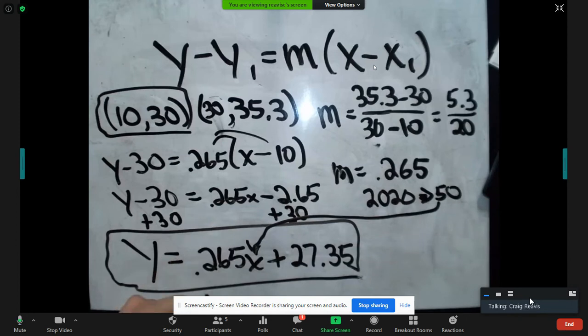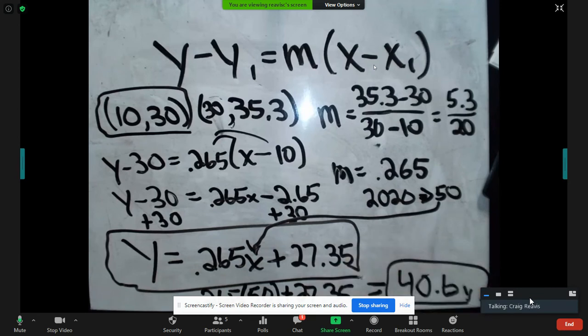I'm going to take that 50 and plug it in for x. When I do 0.265 times 50 plus 27.35, that's going to tell me what the median age is in the year 2020, which was last year. So 0.265 times 50 plus 27.35 is about 40.6 years.